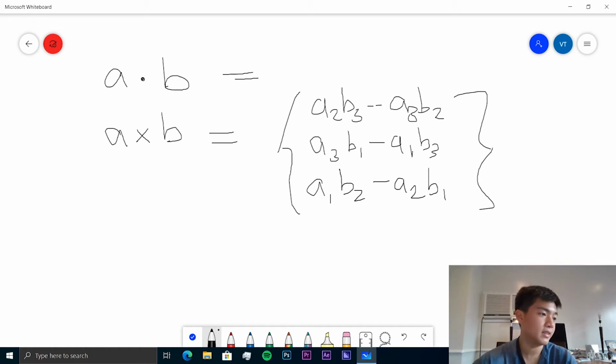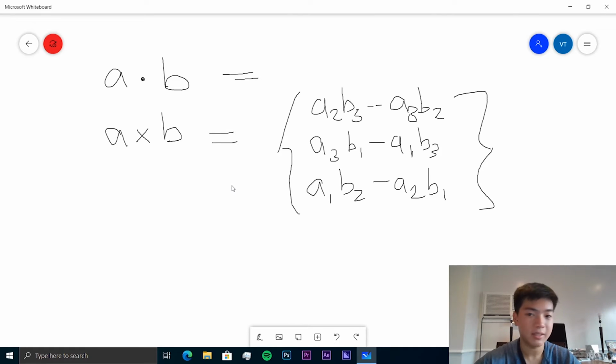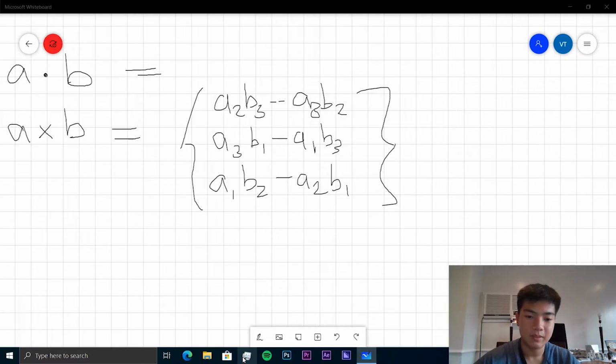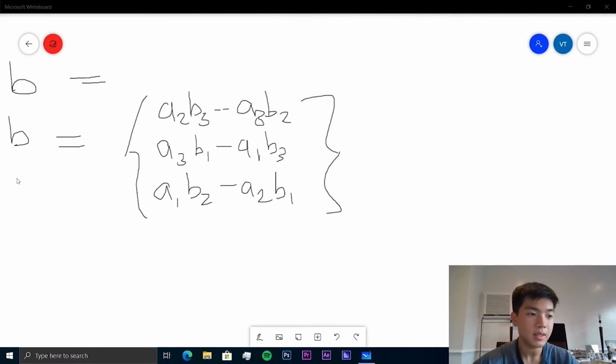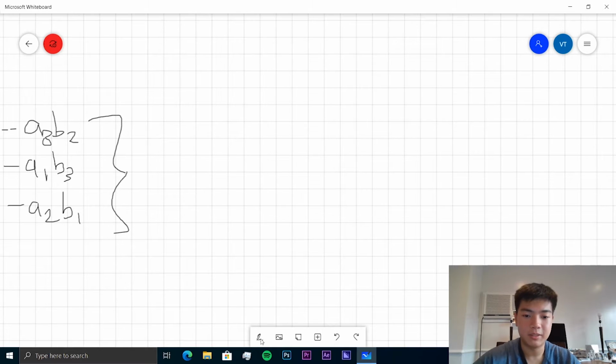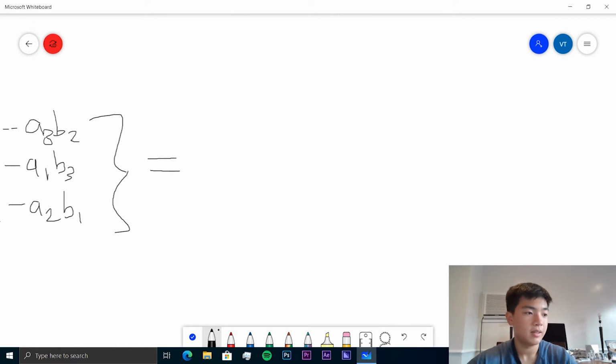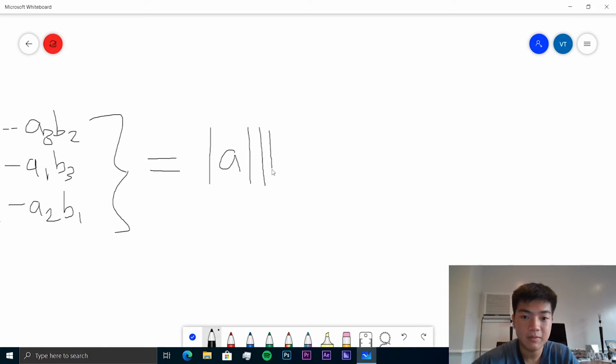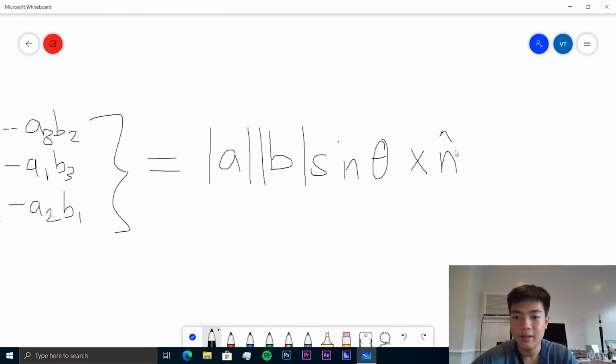So this is one definition of it, but another definition, which you can see if you try and plot some vector products geometrically, is that this is also equal to the absolute value of A times the absolute value of B, or the distance, times sine theta, where theta is the angle in between them, times n, where n is a unit vector whose direction is perpendicular to both vectors.